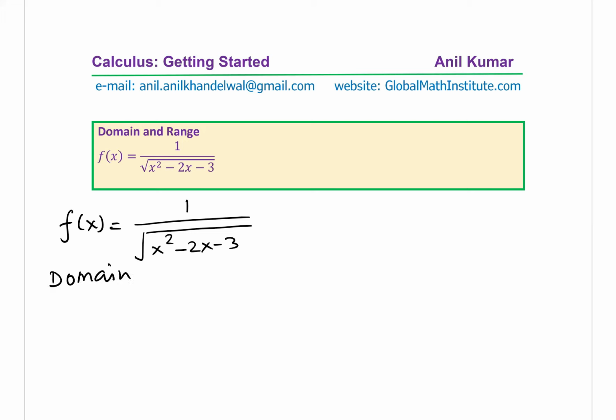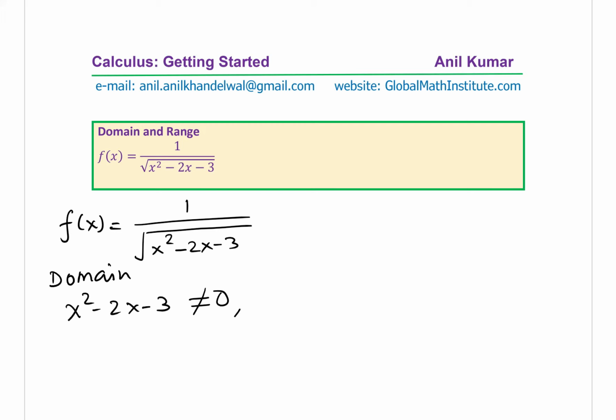To find domain, we know that the denominator cannot be 0. So first thing is that x squared minus 2x minus 3 is not equal to 0. That is first thing. Second thing is that it should be positive, it should be greater than 0, right?